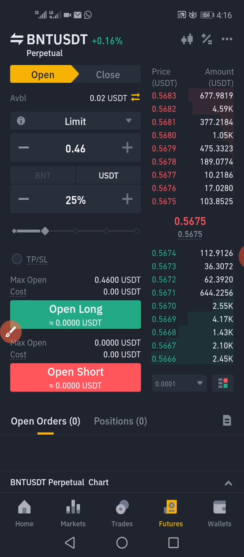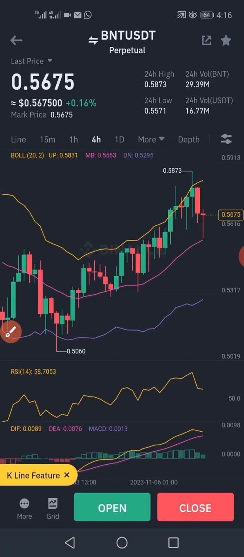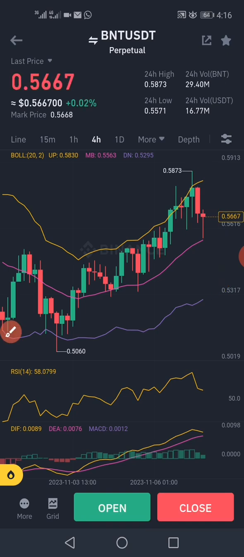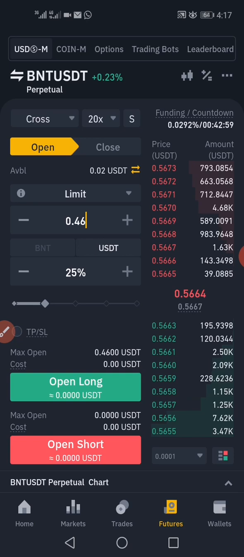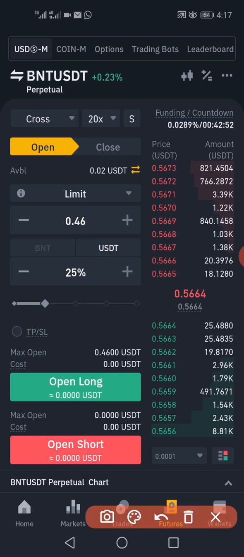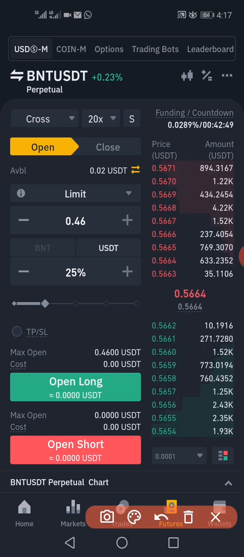Short means, for example, this coin, if I click on the chart, something tells me that this coin is going to fall from this height, from the current price, up to this area here. So what I will do is, let me use 25% of my capital, and then I will say short. I will enter the amount I want to short, that is, I want to sell it, and then I'll click open short.